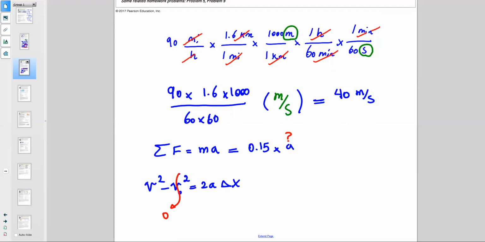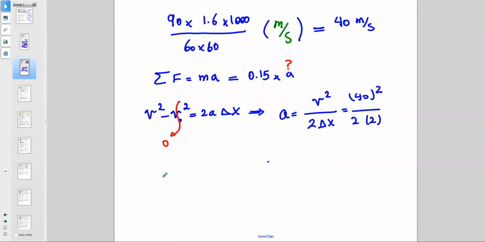Now what I have is a is v squared over 2 delta x. v squared is 40 to the power of 2, because this is the final speed. 2 times delta x is 2, right?